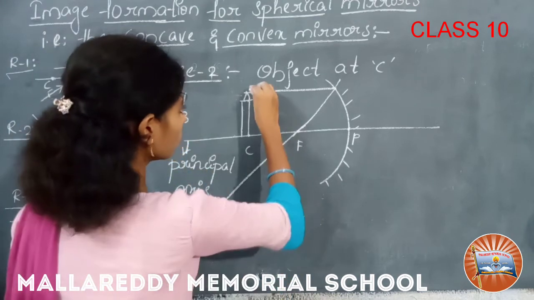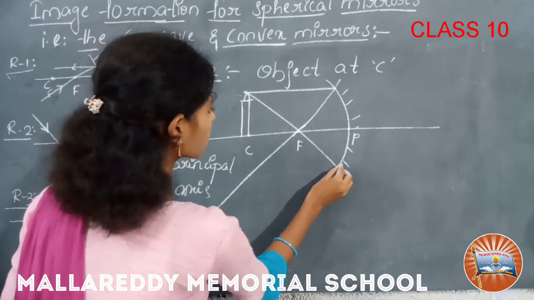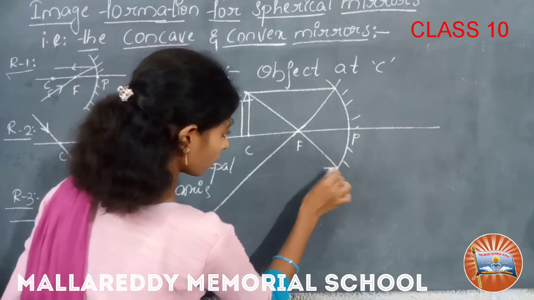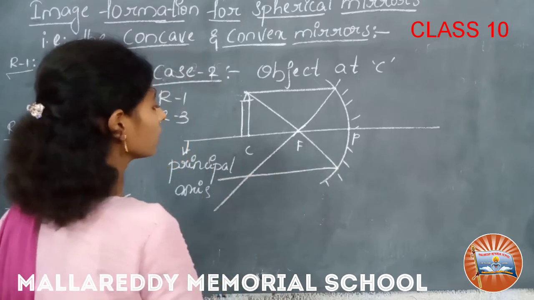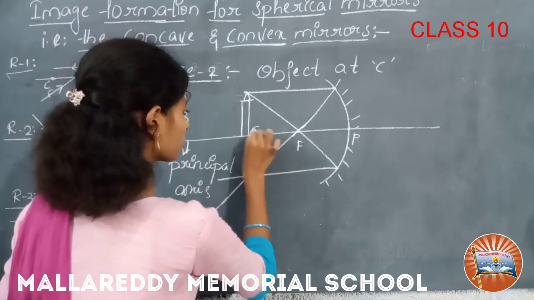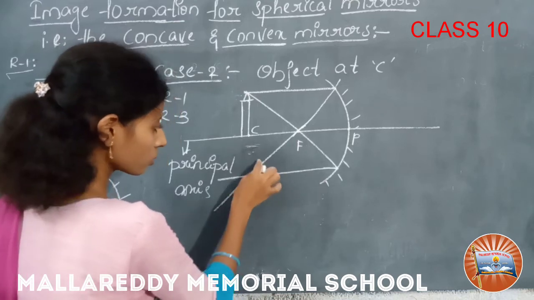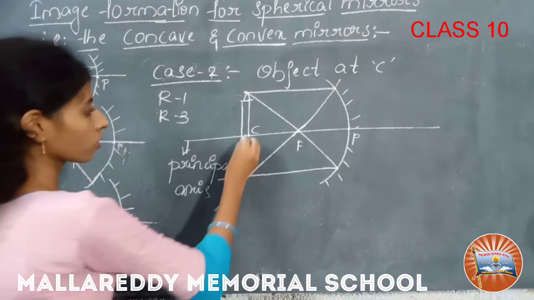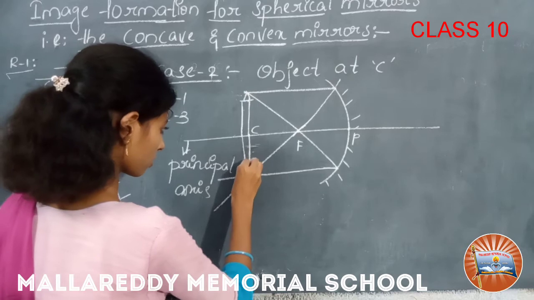Now when the incident ray passes through the principal focus, it is reflected like this, right? Now see, at this point these two rays converge. So here the image formation takes place.